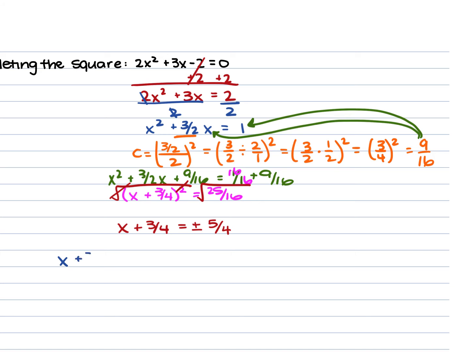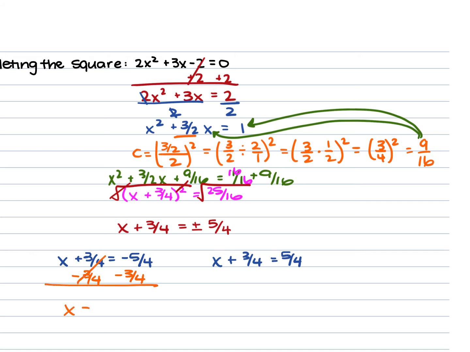From here, we're going to separate it into two equations. So we're going to have x plus 3/4 is equal to negative 5/4, and x plus 3/4 is equal to positive 5/4. We're going to solve for both of these by subtracting 3/4 from each side. Again, we're doing that to both.